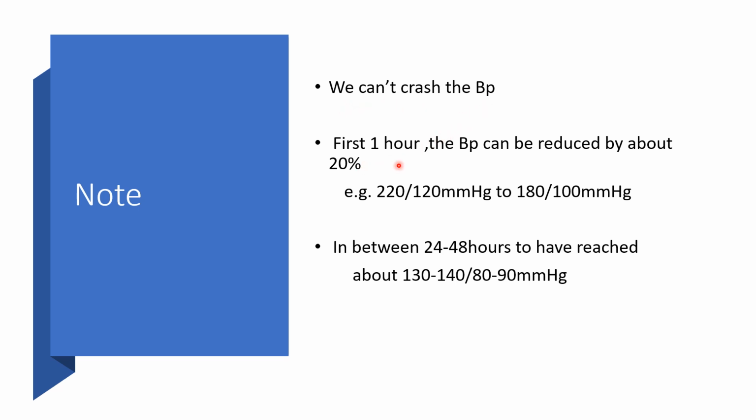In the first 1 hour, the BP can be reduced by about 20%. For example, if the BP taken initially was 220 over 120 millimeters of mercury, in the first 1 hour it must not be less than 180 over 100 millimeters of mercury. We can't crash it. Between 24 to 48 hours, we need to have reached about 130 to 140 over 80 to 90. That is in the first 2 days.